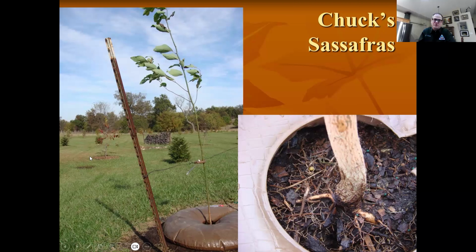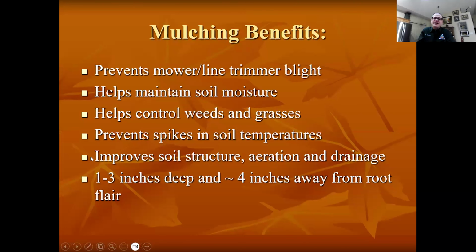That's a good tree. Then again, you want to mulch it, but you want to keep that mulch away from the trunk, because if you mulch all the way up to the trunk, you spend all that time measuring the hole to get it the right depth, only to bury it again, but with mulch instead of dirt.